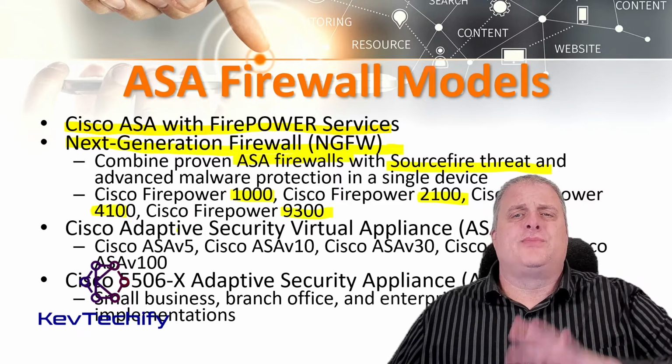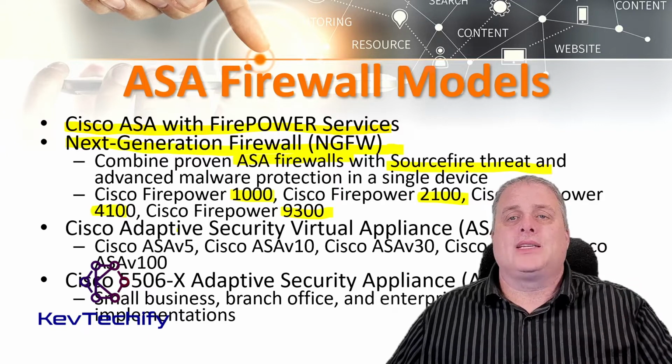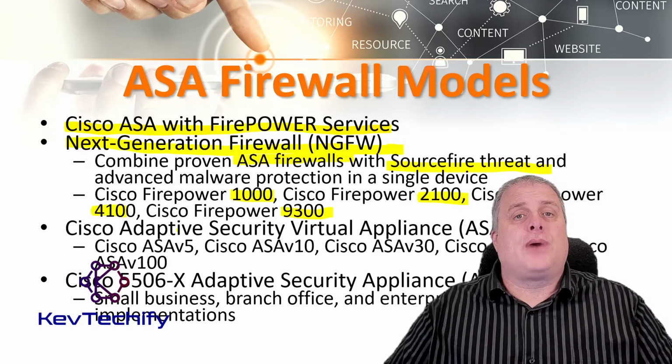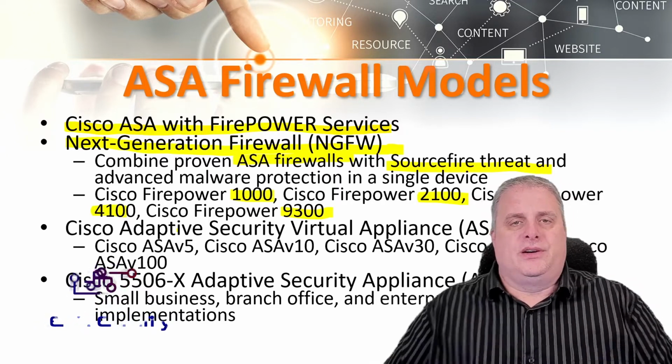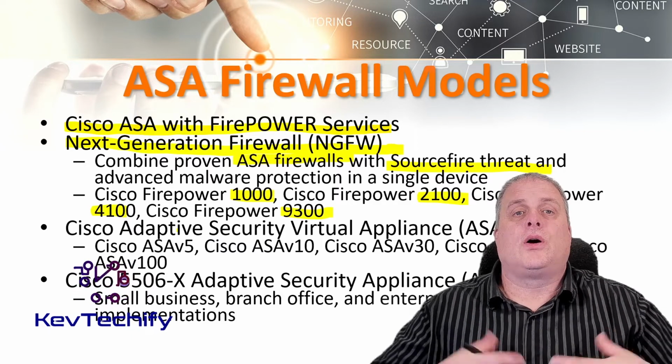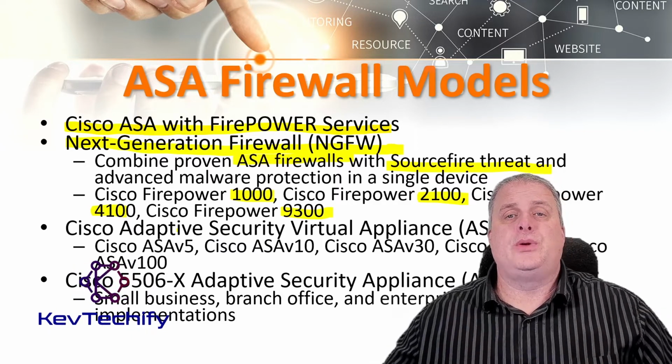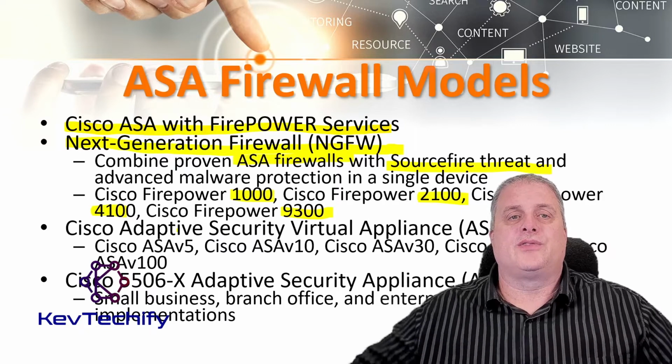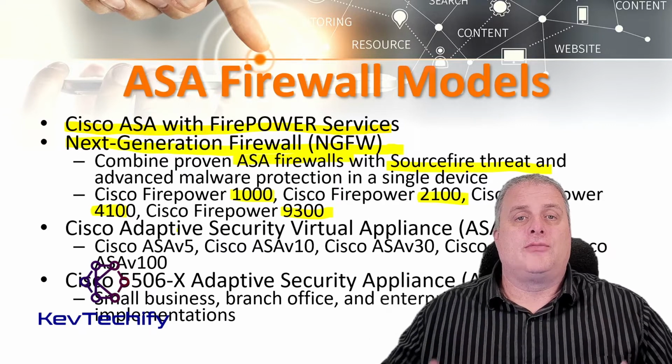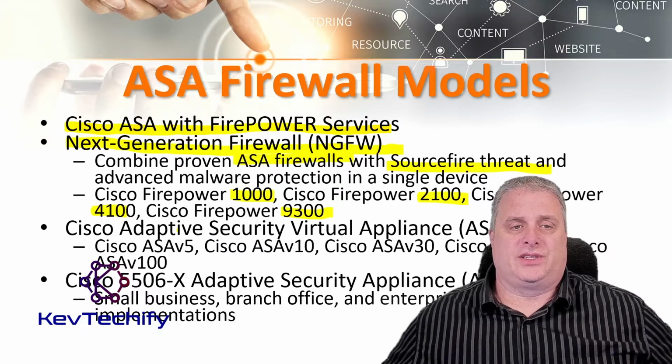Now, the biggest difference between the models is the maximum traffic throughput handled by each model and the number and types of interfaces. Cisco also supports the virtualization of computing infrastructure by taking advantage of increased power availability of modern x86 servers.